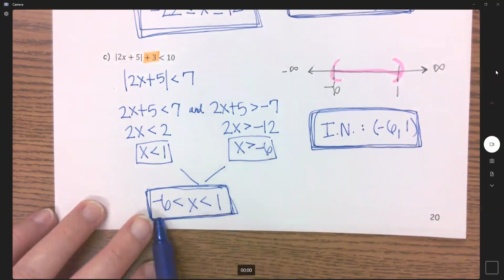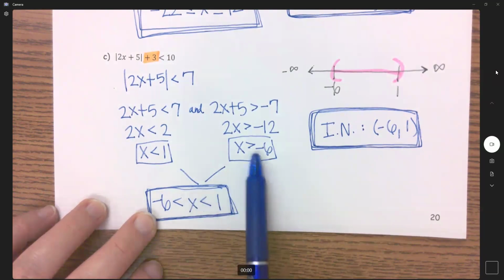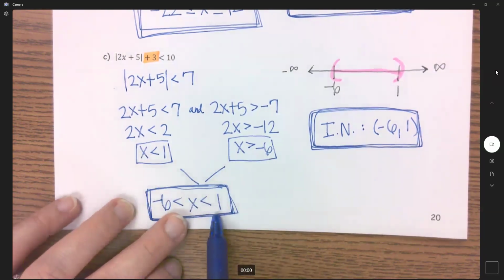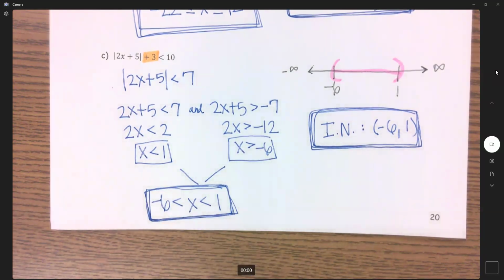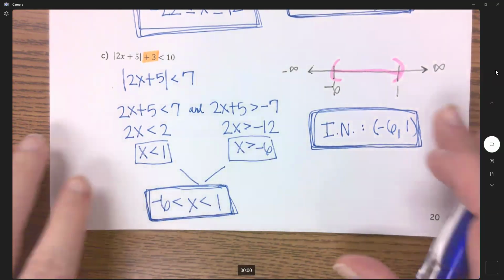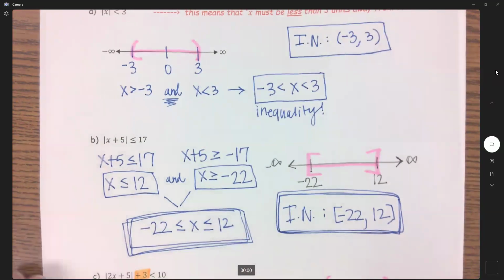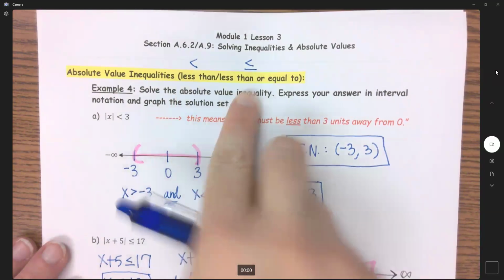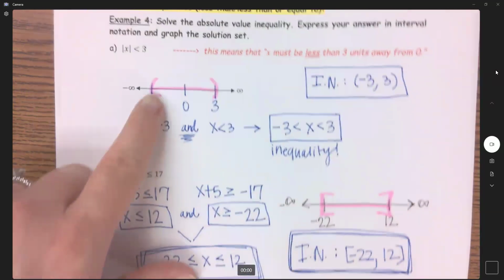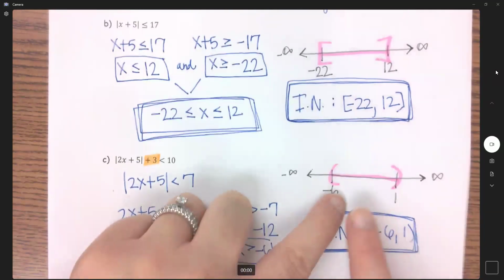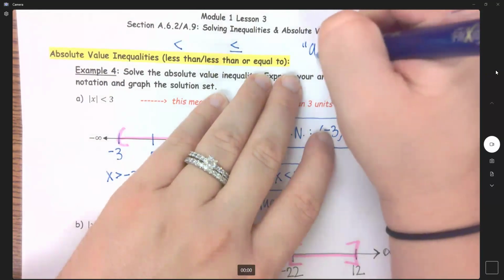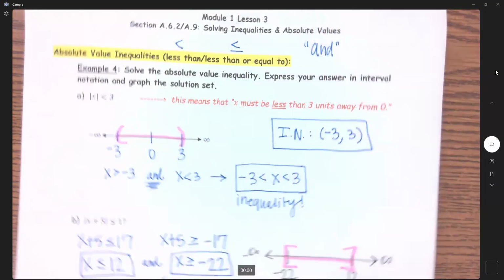So my least is negative 6 because it's now coming first. We had to flip this symbol to now put our x, and then this one's in the correct order. So sorry, I was kind of all over the place while doing these, but that was your recap. And this kind of shows that anytime that we have less thans, what happens with our graph? We're talking about everything in between these numbers, because these are all of our "and" statements.